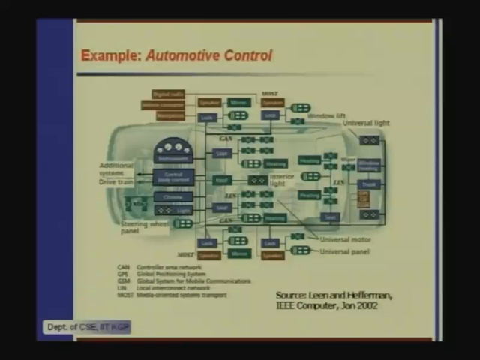So let us proceed further. Now this is one of the most difficult examples of distributed control. As you may be aware, I had an idea that the largest consumer of Pentiums is the desktop or the home computer or the office computer industry.